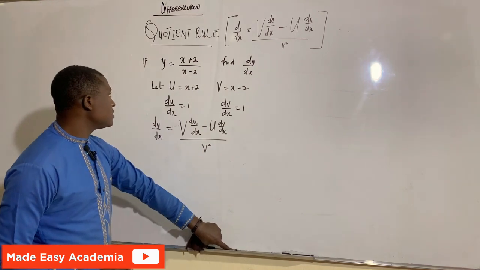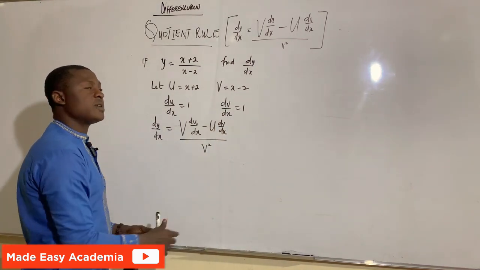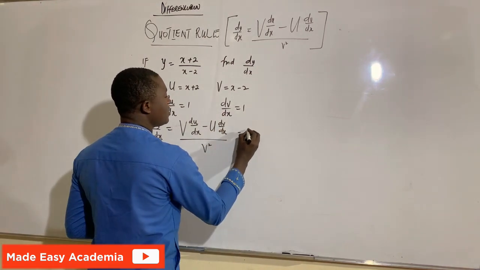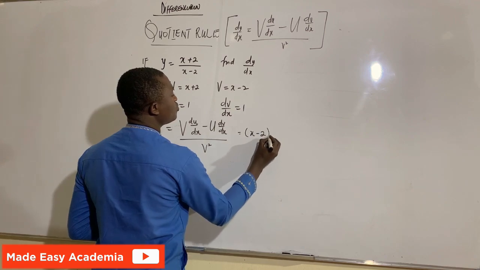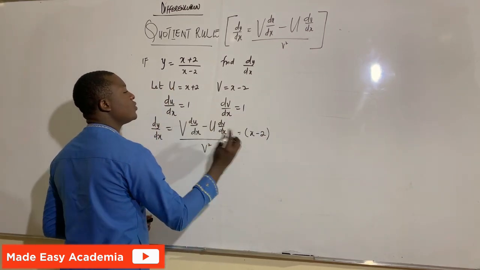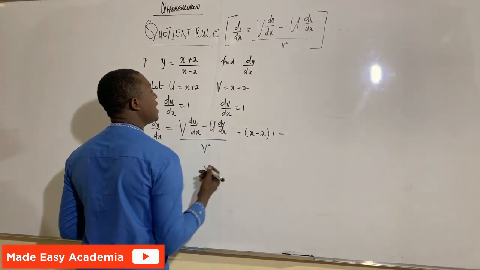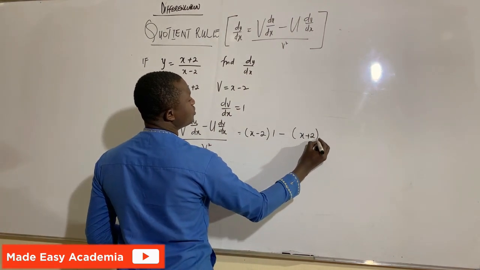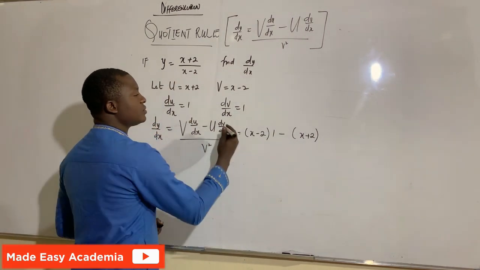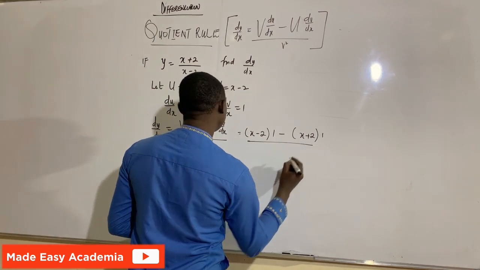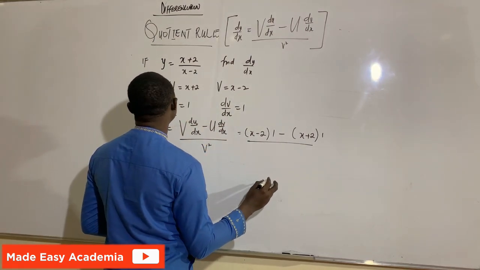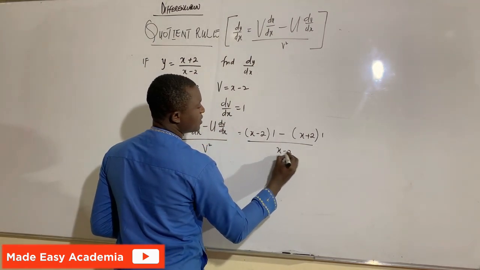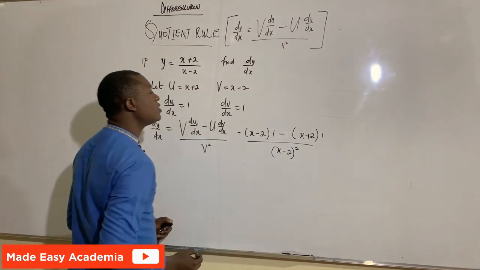Our v is x minus 2, so down here we have x minus 2. Du/dx is 1, so we have 1 minus u, and our u is x plus 2. Dv/dx is 1, all divided by v squared, which is x minus 2 all squared.